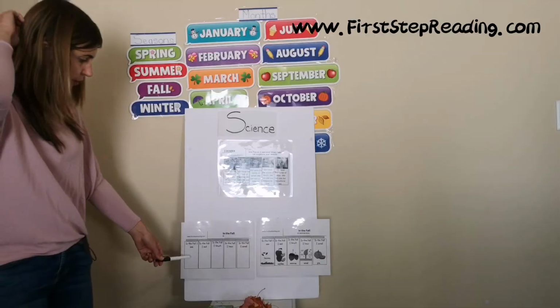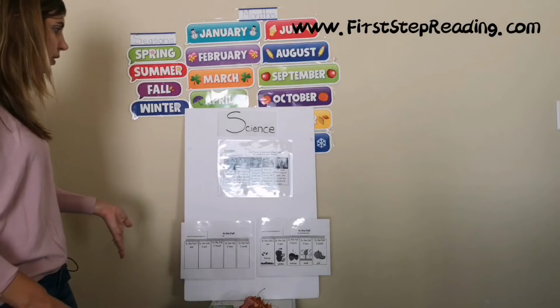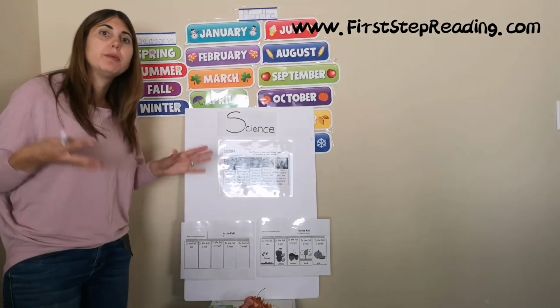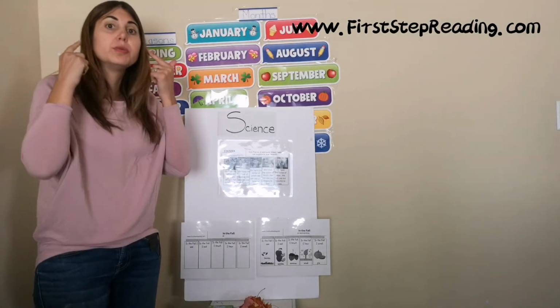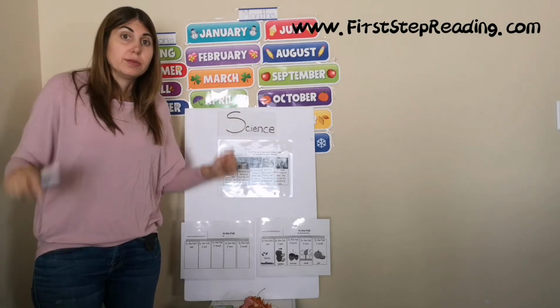You can draw a picture for what you see, what you eat, what you touch, what you hear, and what you smell. And if your adults want, they can write it in yellow underneath and you can trace the words. So this is our science, our 5 senses, the way we explore our world with our eyes, with our nose, with our ears, with our mouth, and with our hands, right?